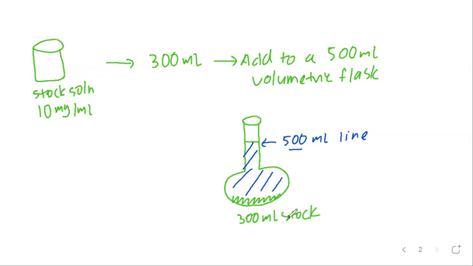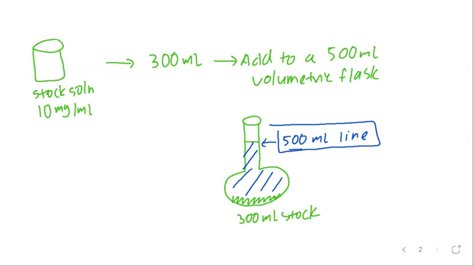And so the best practice for making these is to put your stock solution in a vessel and then fill the vessel up to your final volume that you want to achieve. In this case, it was 500 milliliters of the diluted solution. And again, that's to account for the fact that volumes don't add up together. So 300 milliliters of stock, plus if you just added 200 milliliters of water, might not equal exactly 500 milliliters of the final diluted solution.